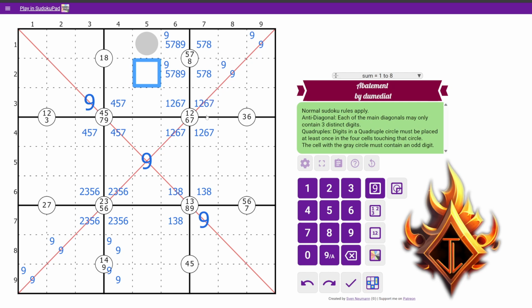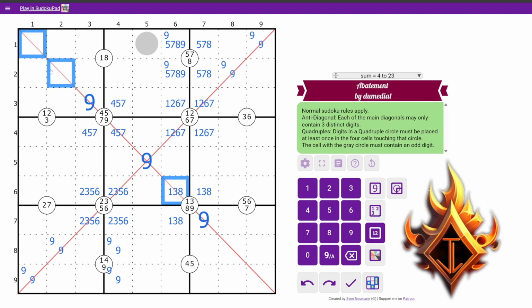And what does that now do? If this was a 1, a 1 would have to go up here, 1 would have to go here, 1 would have to go here.